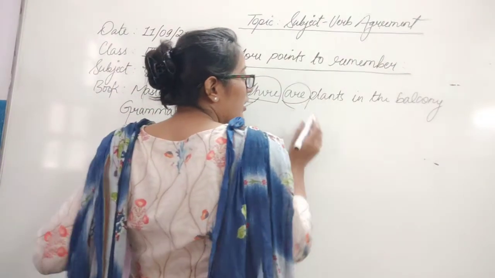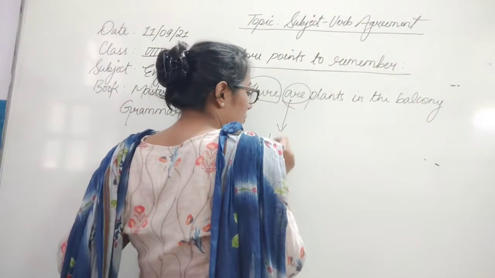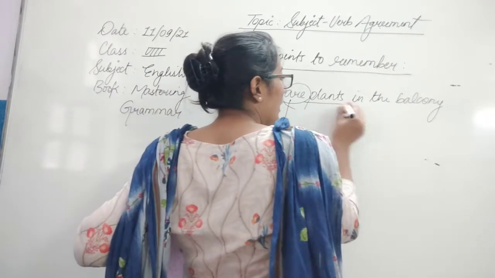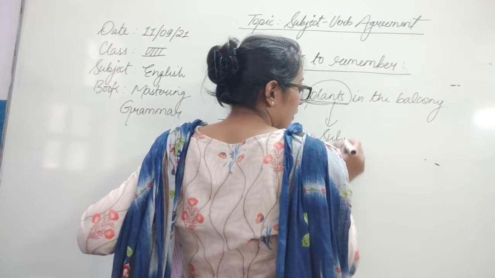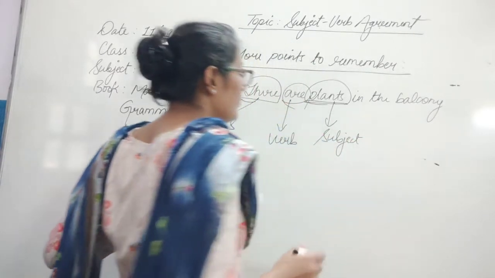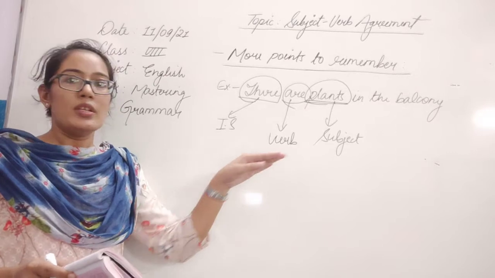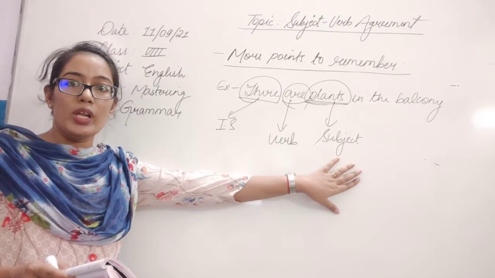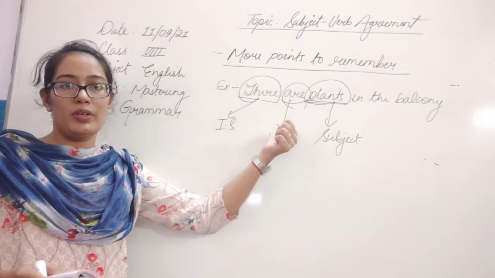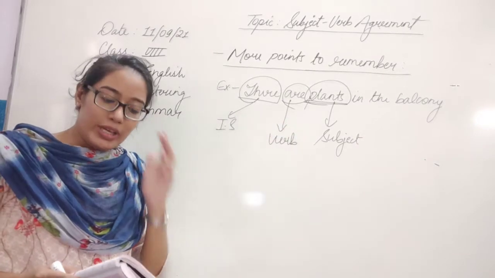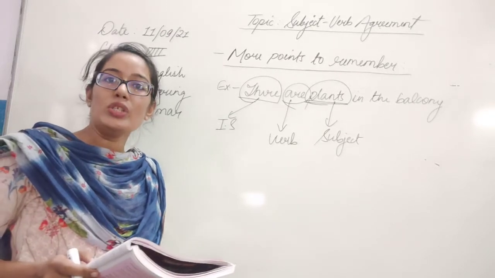Are, what is are? Are is the verb, and plants become the subject. Okay, the main subject. So here also there is what? Plural subject with plural verb. Am I clear? Plural subject with plural verb. We are talking about plants.